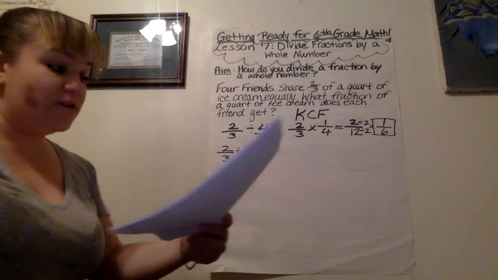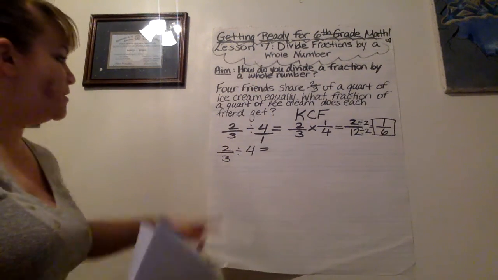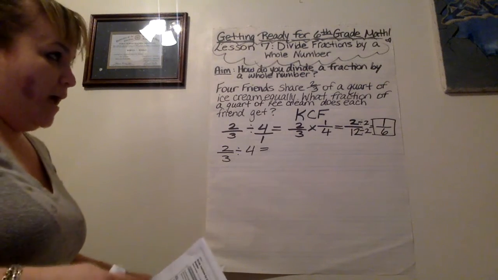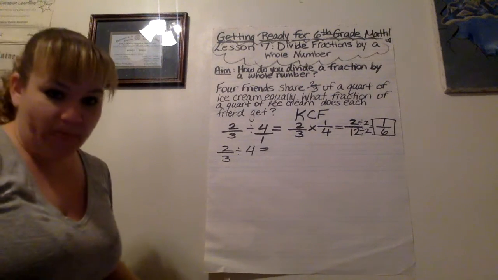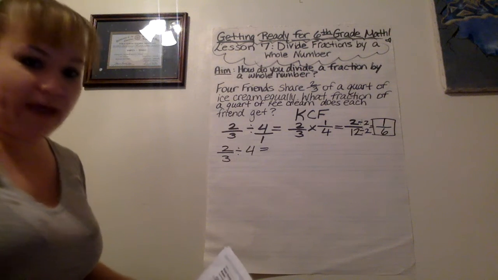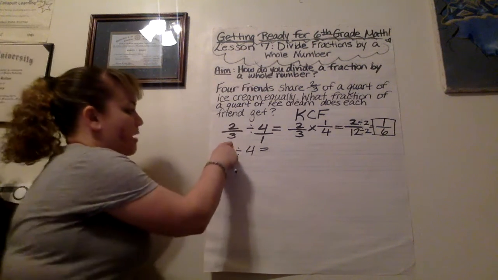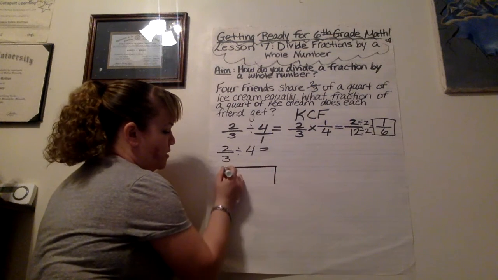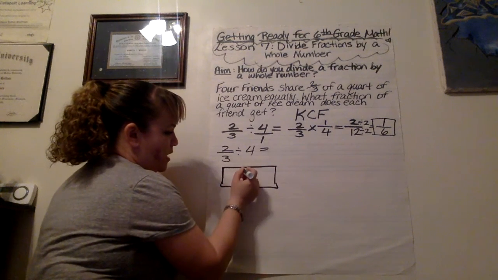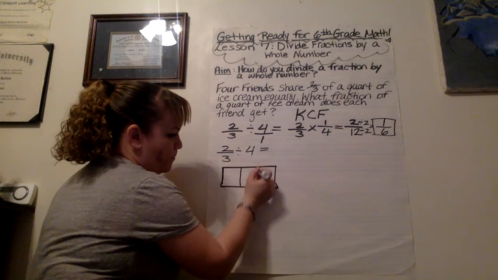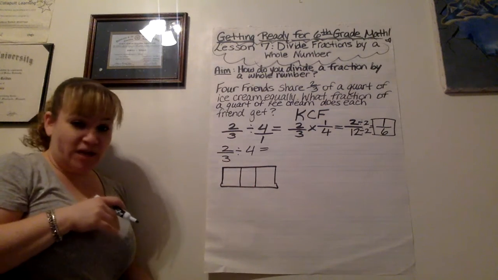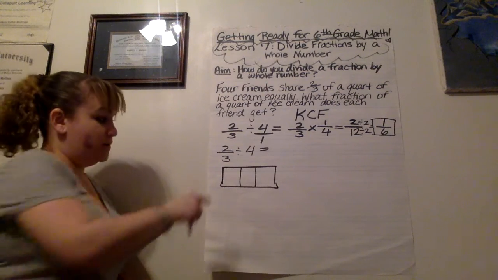Hold on. Your first thing is you're going to take your first digit, which is the fraction, and draw a model from it. So I want it cut into thirds because of the denominators here. So I'll do a box like this, and there's thirds. And I need to shade in 2 because of the 2 on top.